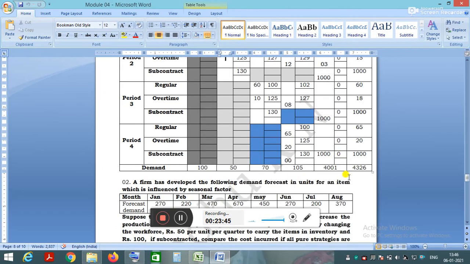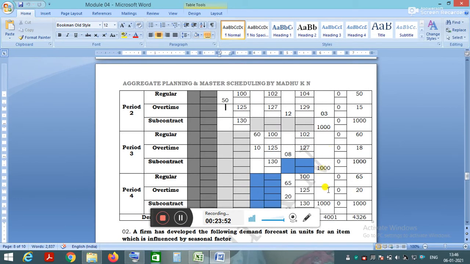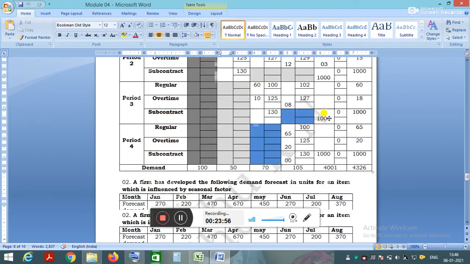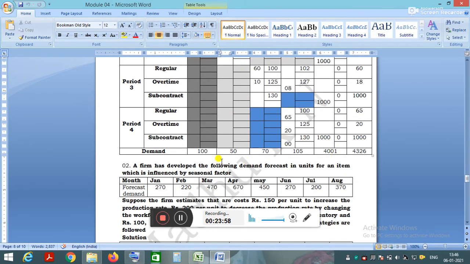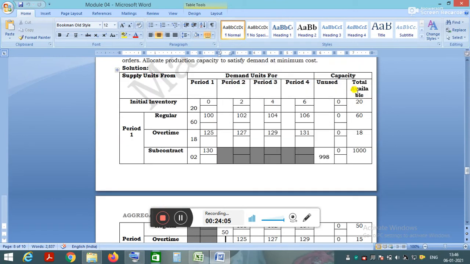Now the unused capacity is 1000 plus 1000 plus 1000 plus 3 plus 998, which becomes 4001. 4001 plus the demand becomes 4326, and on the right side it should also be the same.